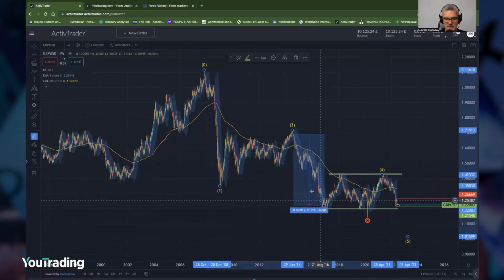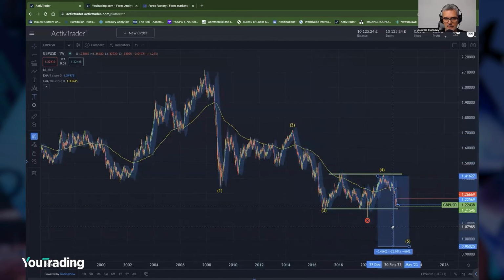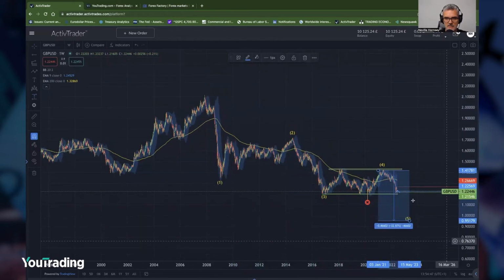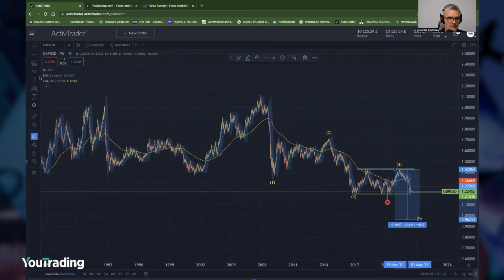And I've just said it can't be the shortest wave. So wave 5 would have to be shorter than this range here. So if wave 5 started here, then wave 5 has to essentially come up around the parity level. So we'd be looking for parity to be the termination of wave 5.